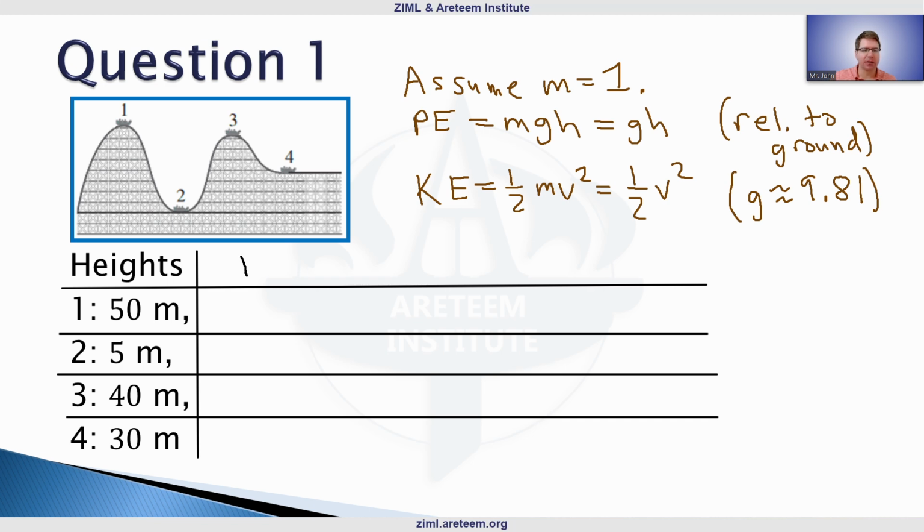That's going to allow us to find the potential energy. Then we have kinetic energy that we're also thinking about, and then we have velocity. Now, let me do this a little bit weird. So let's say potential energy, total energy, then I'm going to write kinetic energy, and then velocity.